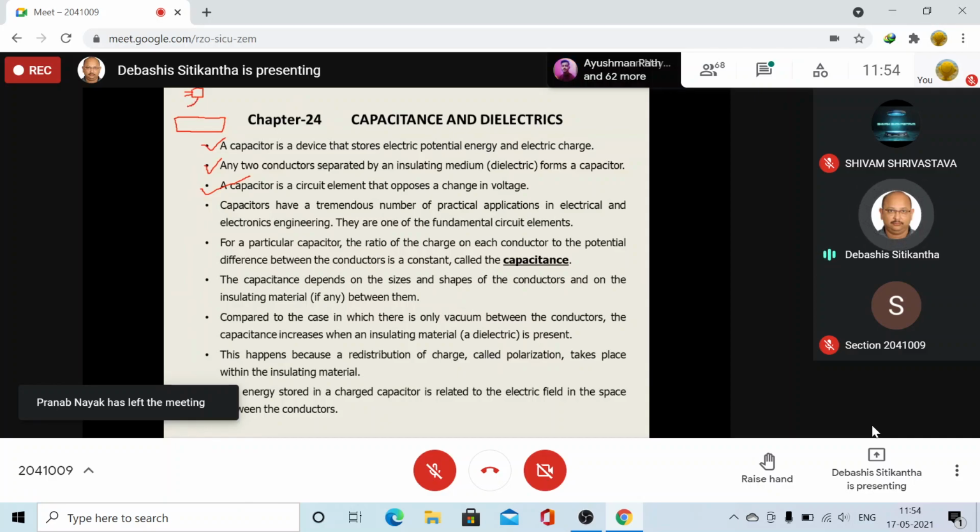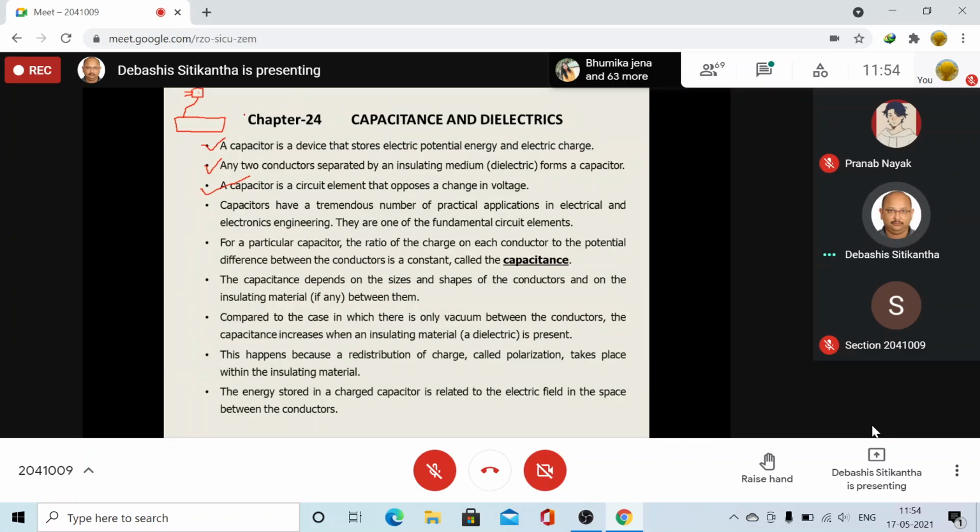You insert it into the wall socket, and there is a red light which is going to glow. Yes or no? Have you seen it? Those who are having a Tata Sky must be having a charger like this. It is actually not a charger, it looks like a charger, it is actually a rectifier, which is going to convert the AC from the wall outlet to a DC voltage.